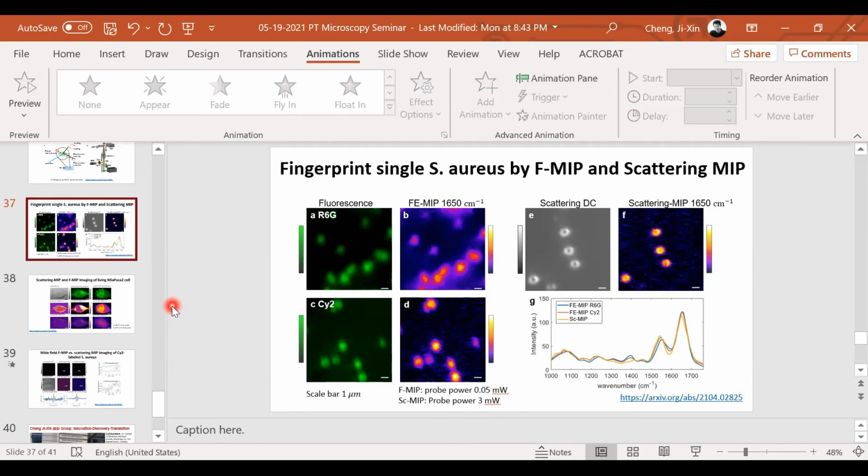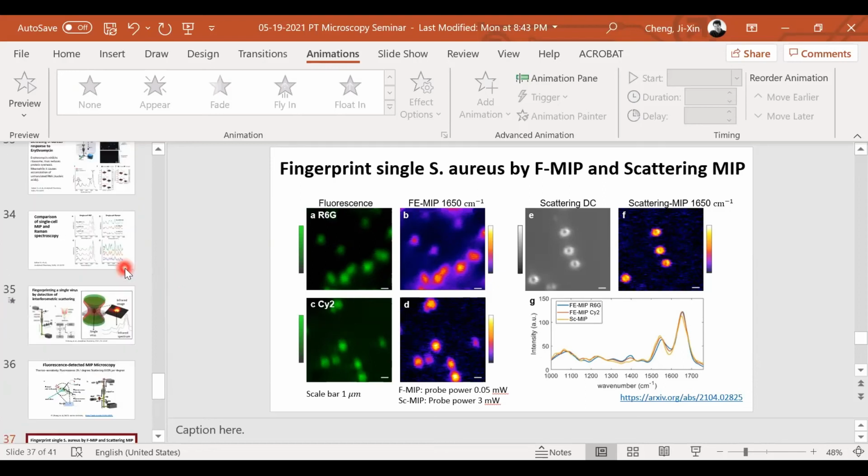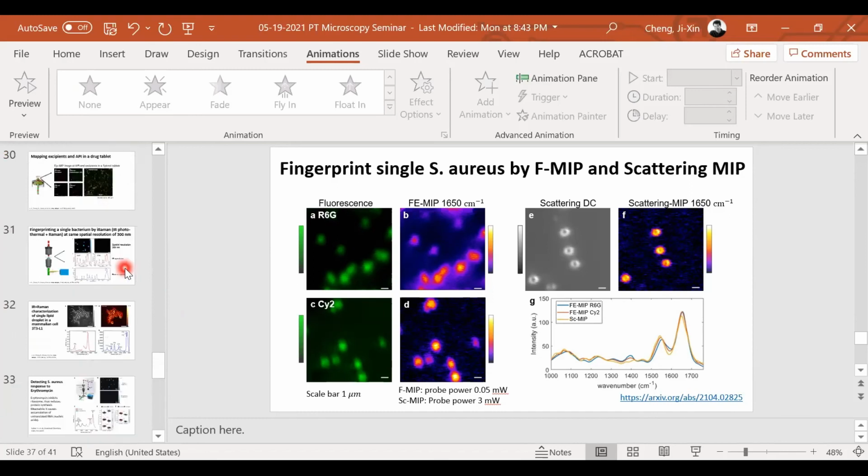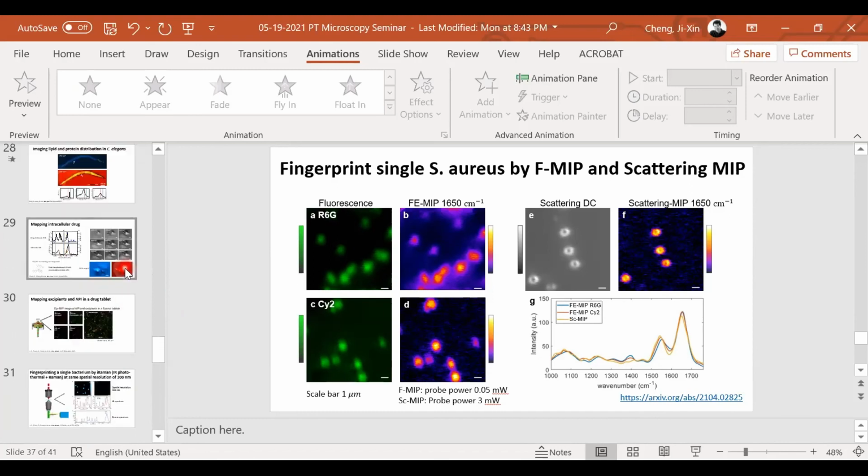If you are observing a cell which is probably thicker than 100 microns, how could you get the signal? If you could only get signal from the top surface of the cell, how could you probe the cell?